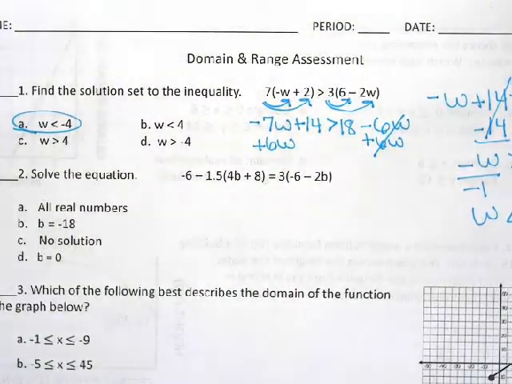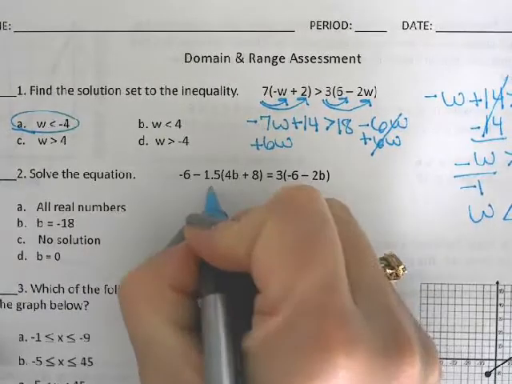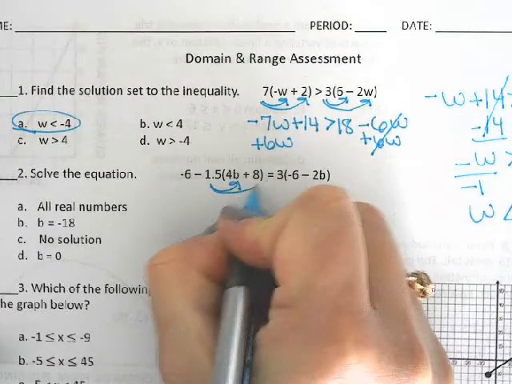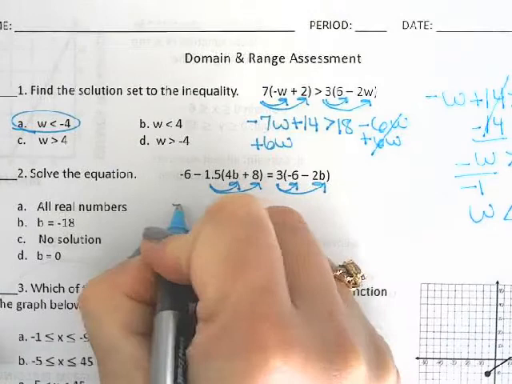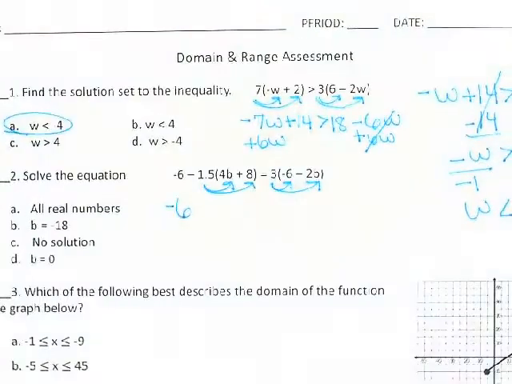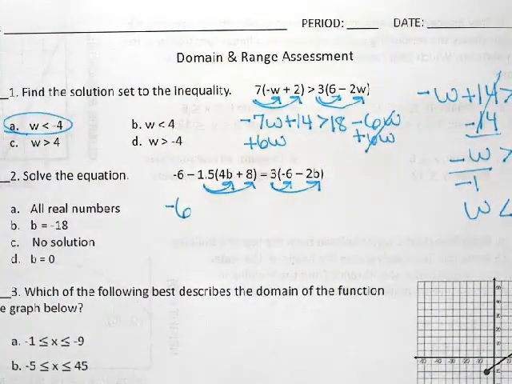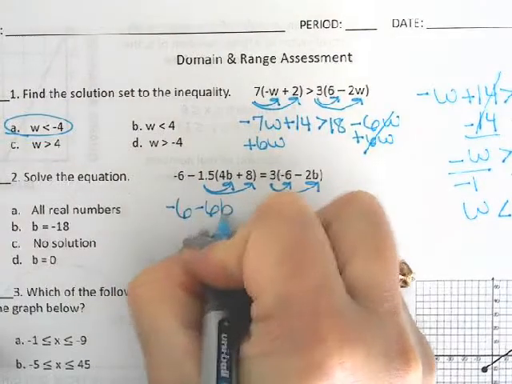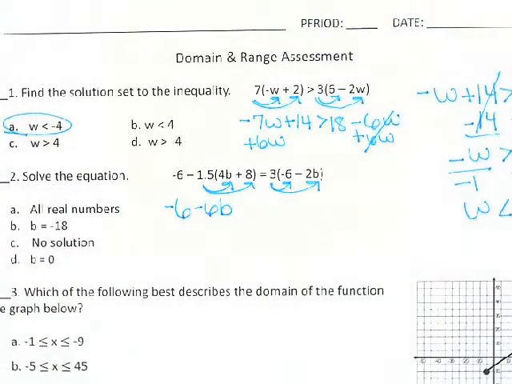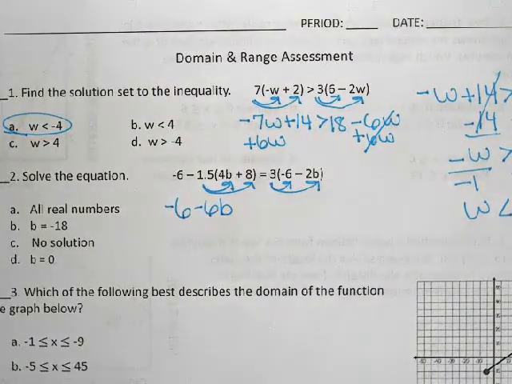On this one, the same thing. I have to work out distributive property and then combine like terms. Negative 6. And then negative 1.5 times 4 is 6b, so minus 6b. Negative 1.5 plus 8 is negative 12.